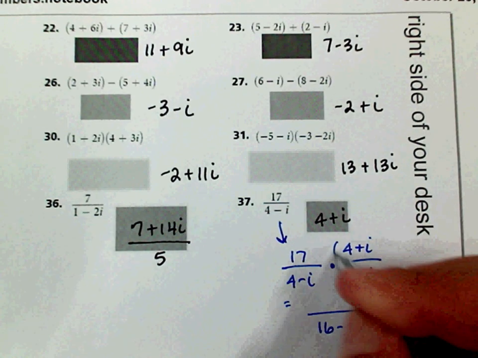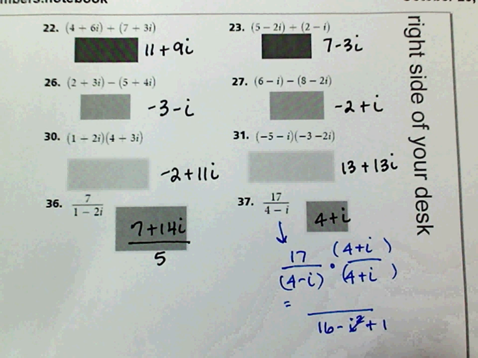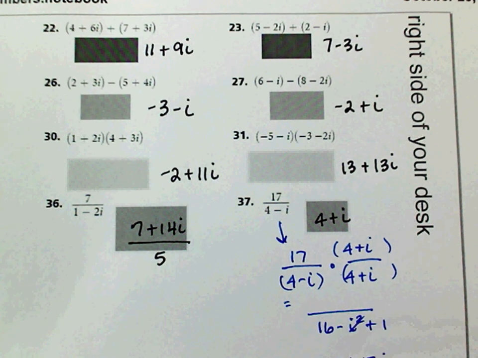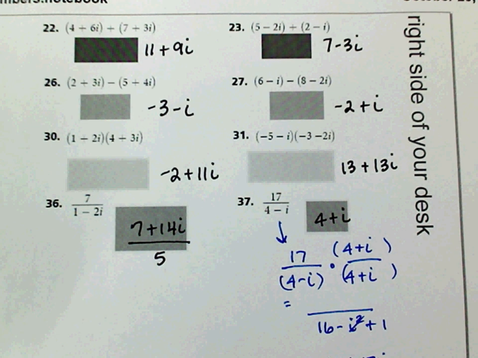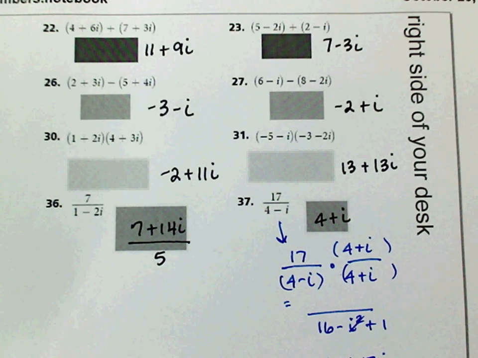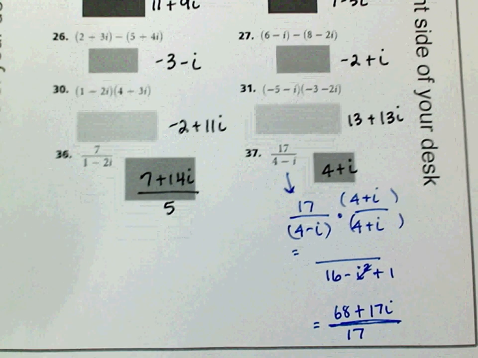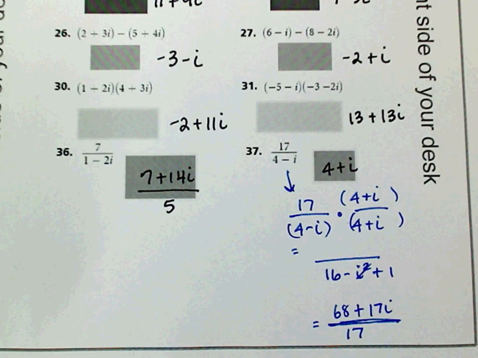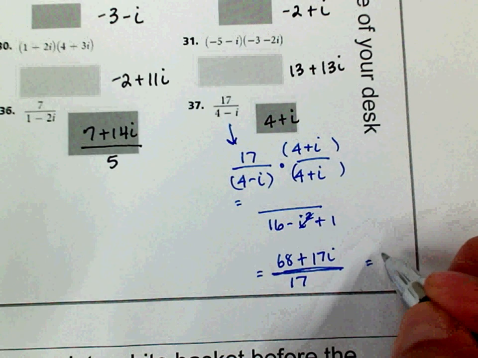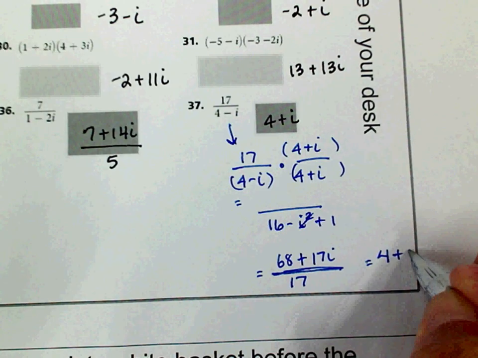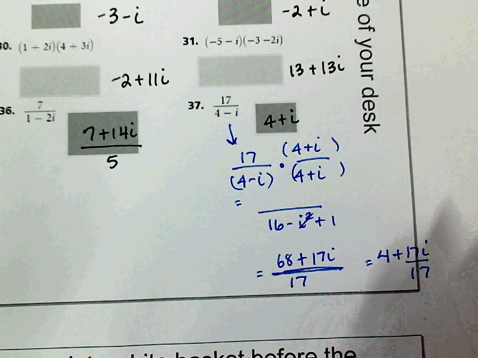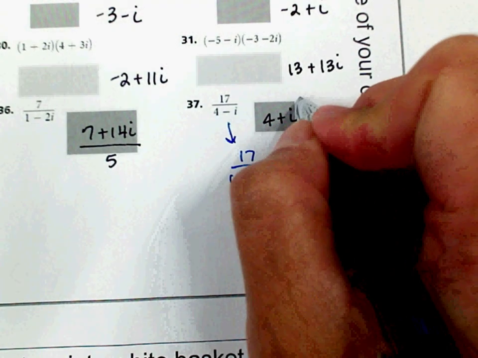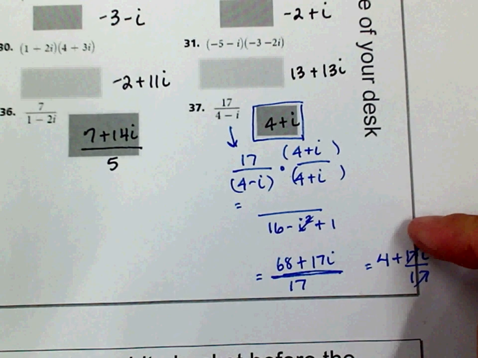Remember to put parentheses around this. Plus 17i. All right. Give me a moment. What is 68 divided by 17? It's 4. Okay. So this comes out to be 4 plus 17i over 17, which cancel. So, yep, this is the correct answer. Always simplify your answers, okay? I just want to make sure.